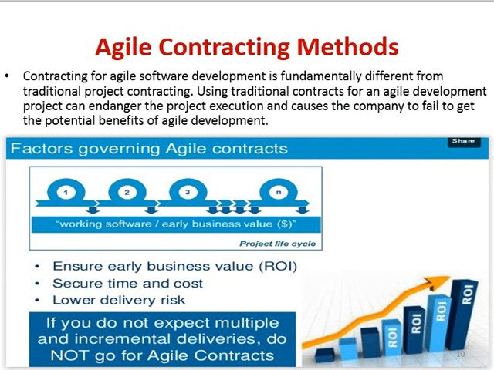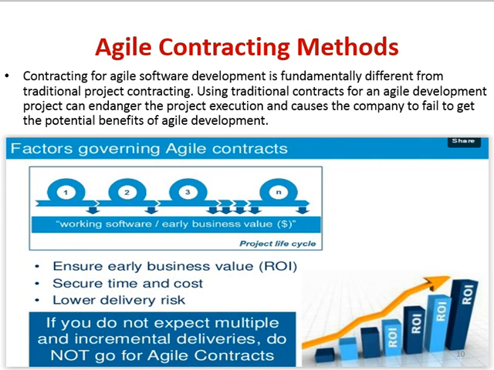Moving ahead, we have agile contracting methods. Contracting for agile software development is fundamentally different from traditional project contracting. Using traditional contracts for an agile development project can endanger the project execution and cause the company to fail to get the potential benefits from agile development.